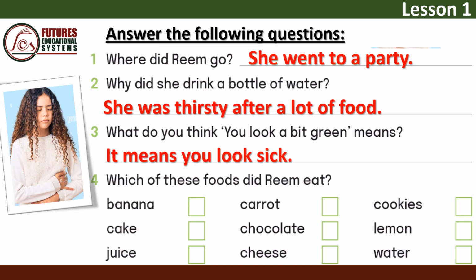We have here banana, cake, juice, carrot, chocolate, cheese, cookies, lemon, and water. So let's remember with each other. She ate cake, juice, chocolate, cheese, cookies, and finally she drank water.